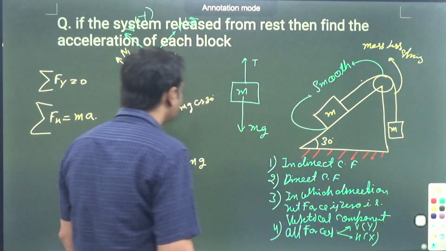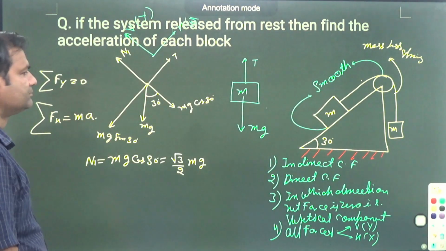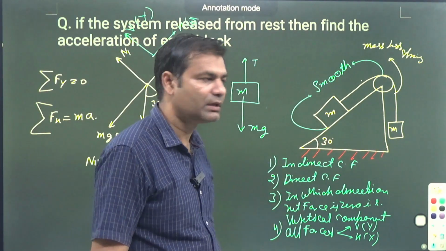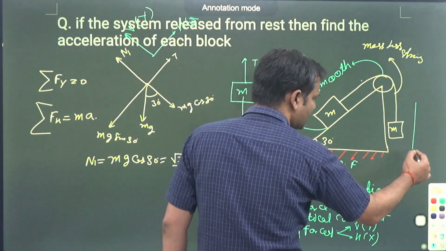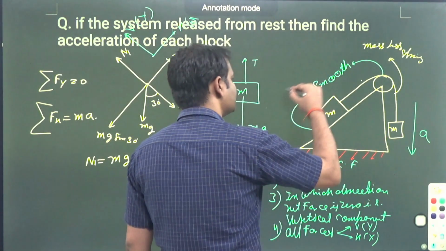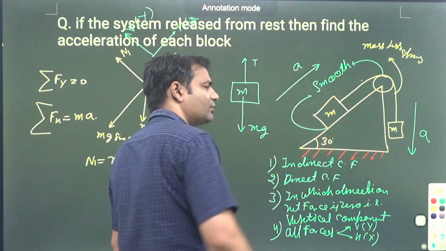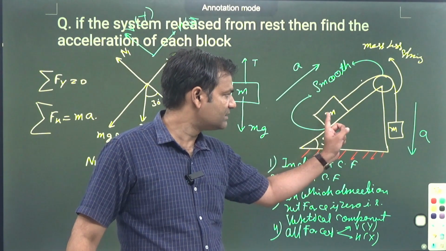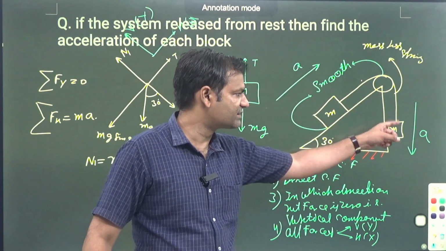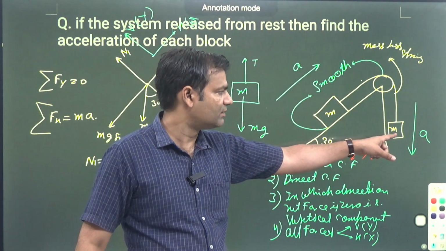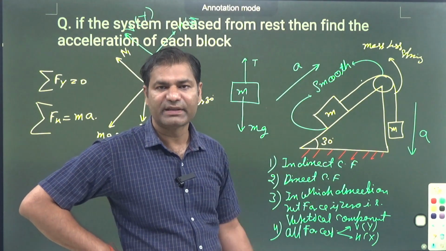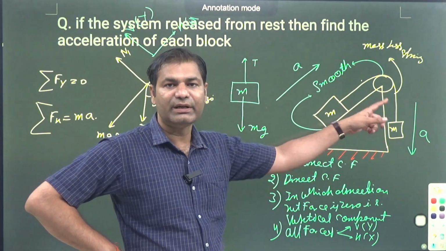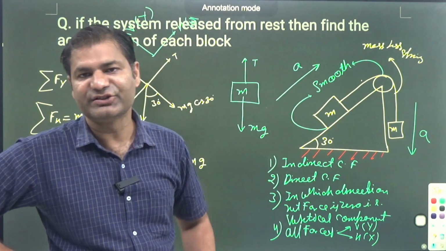this whole system. Suppose this whole system is going downward, here a, this is also a. Because this mass M is also connected with a string to M. This mass is connected to this mass with the help of a massless string.